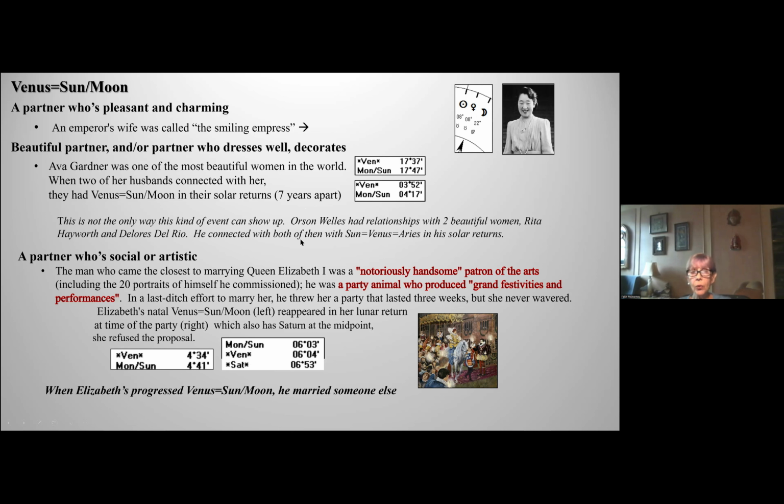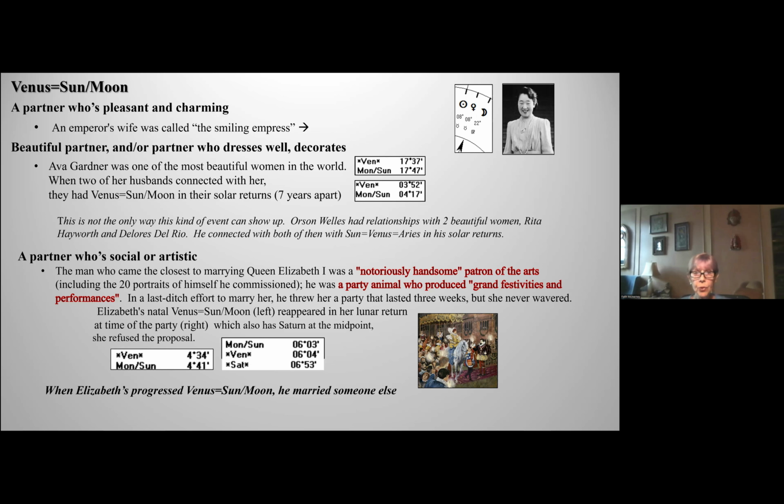Now, this is not the only way that this kind of event shows up. Orson Welles also had relationships with beautiful women, and he connected with them with Sun equals Venus equals Aries in his solar returns. One of the other delineations for Venus equals Sun Moon is a partner who's social, parties, or who's artistic.